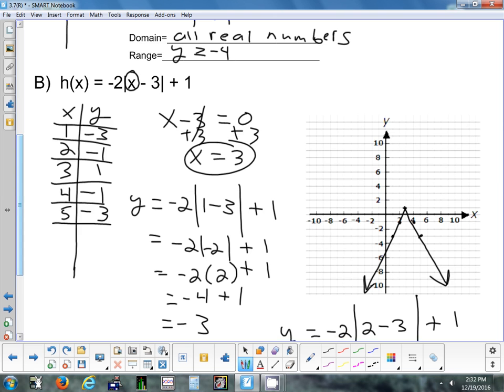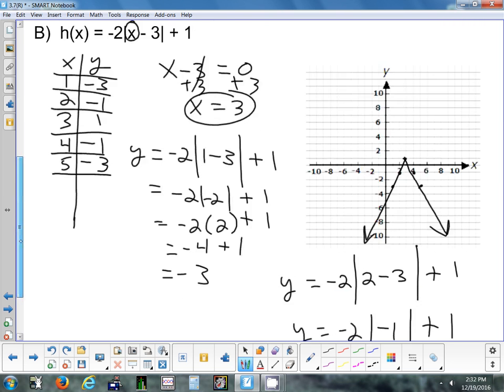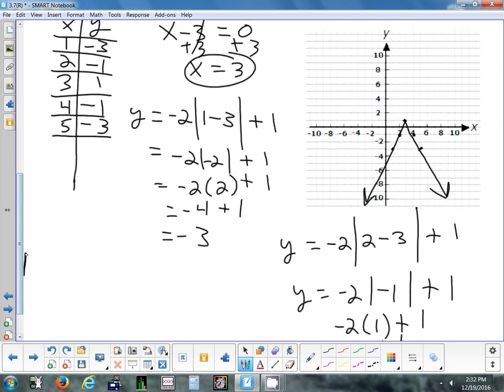So what is my domain? It's still all real numbers. Domain is how far to the left and the right. This graph is going to head to the left forever, and it's still going to head to the right forever.